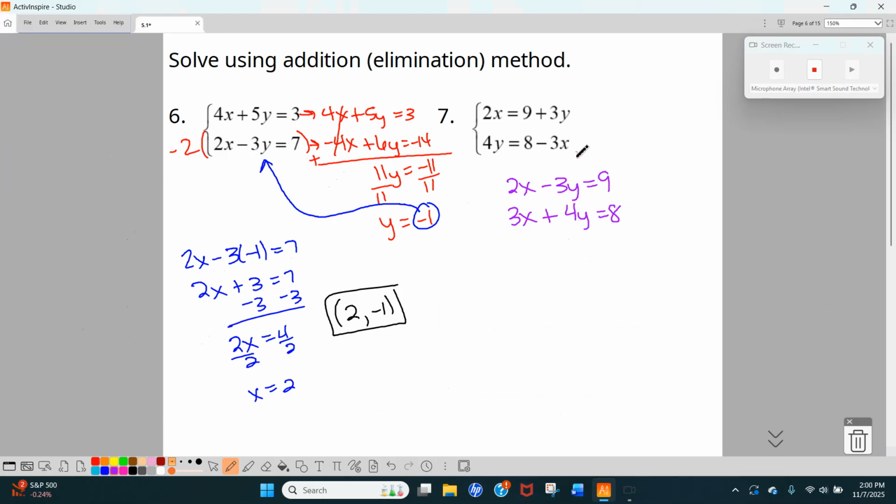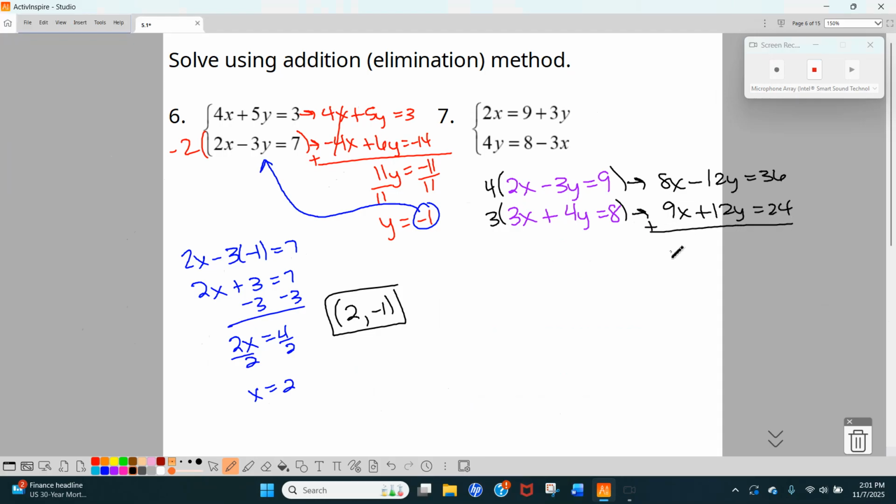I can make these 6, I can make these 12. It does not matter because these already have opposite signs. I'm going to work on those. So I'm going to multiply this by 4, and I'll multiply this by 3. So I get 8x minus 12y is equal to 36. I get 9x plus 12y is equal to 24.